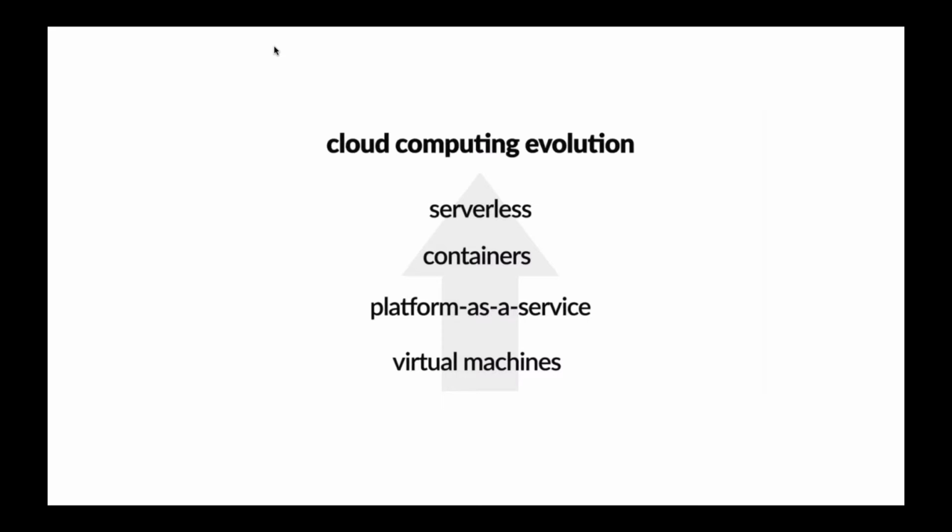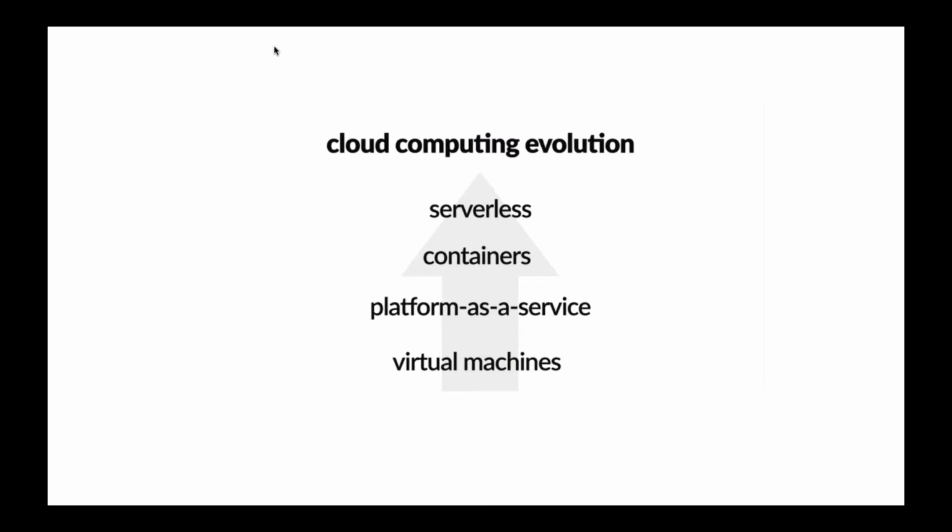And it's really the next evolution in cloud computing. If you think about it, way back in the day, you would actually set up your own machines. Then we went to virtual machines. And then Heroku and all these other platform-as-a-service offerings came out to host applications. Then Docker came out with containers and that additional virtualization layer.